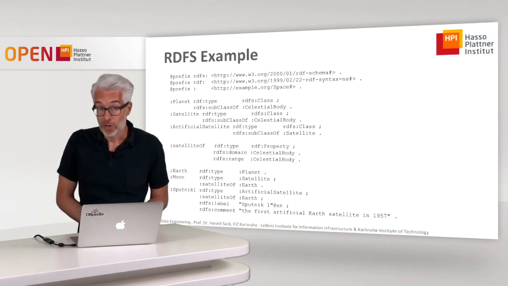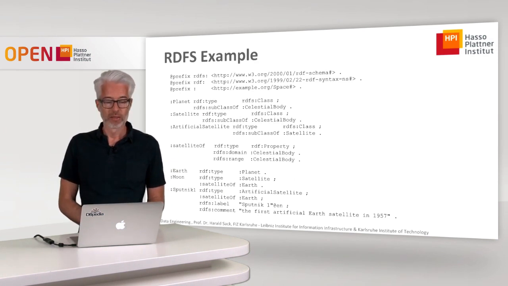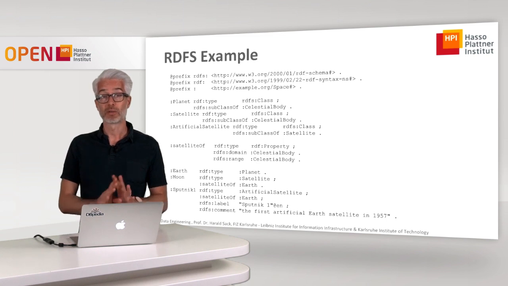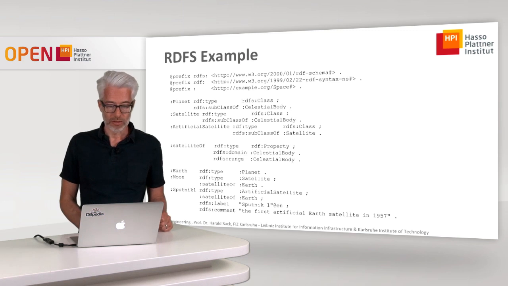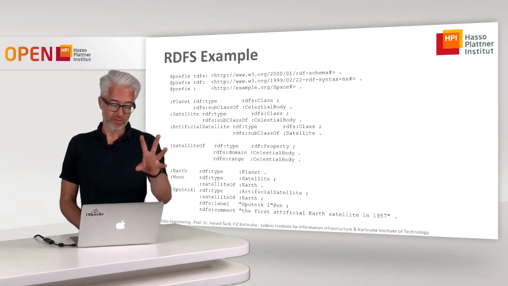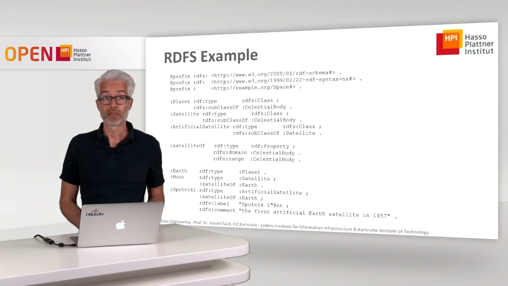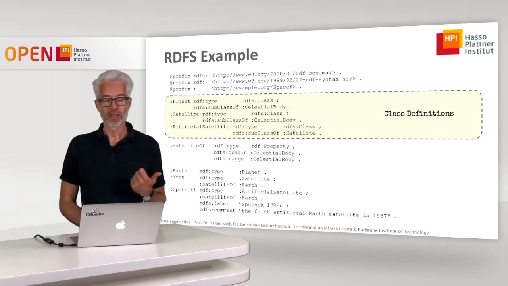Okay, to round up everything, let's take a look at an example. Here we have an example which combines RDFS and RDF in a huge Turtle serialization example. First, of course, the first 3 lines are prefix definitions, and then we come up first with the class definitions.